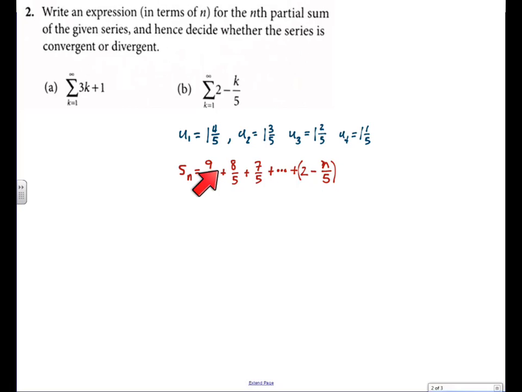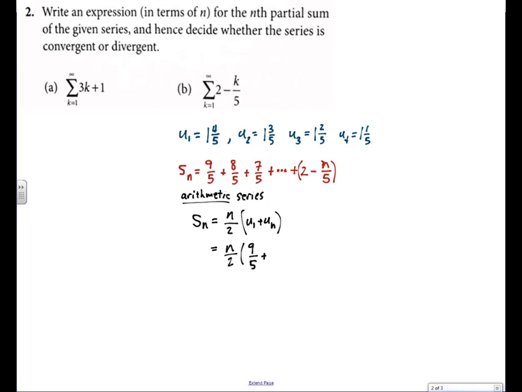Once again, we recognize this is an arithmetic sequence because 1/5 is the common difference between these two. Or would it be, I think it's negative 1/5, of course. But we don't worry about the common difference here because we have the first term and the last term for the sum of an arithmetic series, n divided by 2.